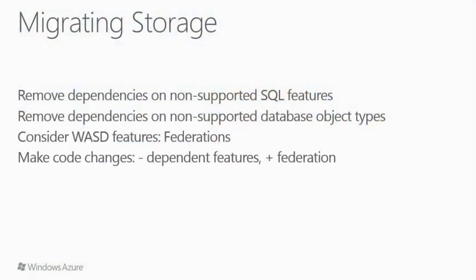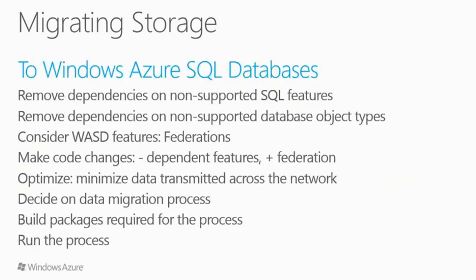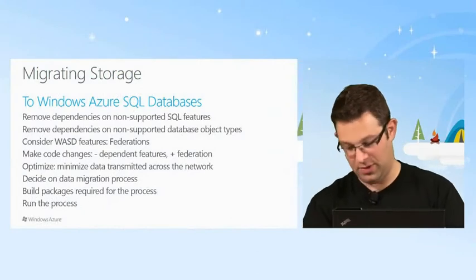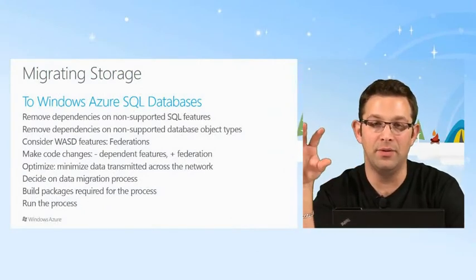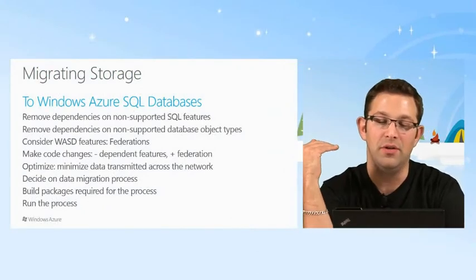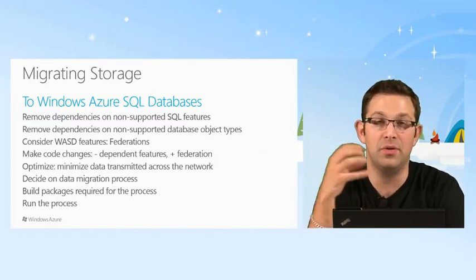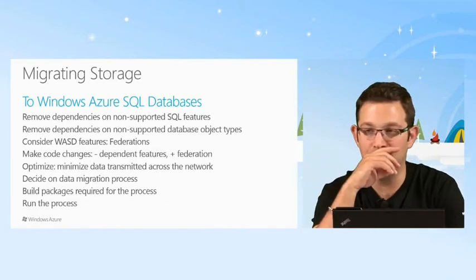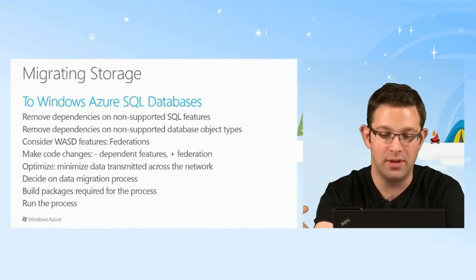So here's basically the general approach to actually moving over into, we'll call it, Windows Azure SQL databases, almost like forklifting your database the way it is today, no code changes or anything like that, and moving that over into Windows Azure. First, you're going to look at removing the dependencies for the non-supported SQL features, like FILESTREAM, like replication, things like that.